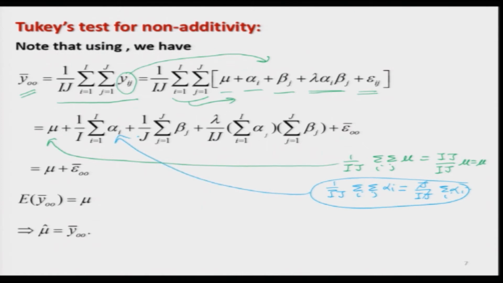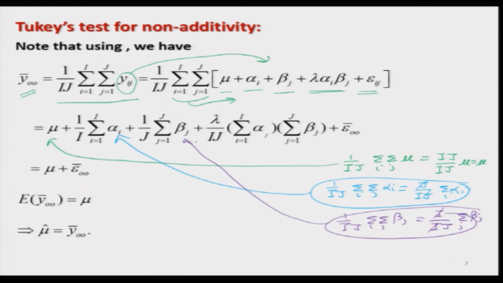And similarly, if you solve the second part, this is 1 over IJ double summation over i, j of beta_j. So, this will become I upon IJ into summation over j beta_j. So, this I will get cancelled out and you will get this term. Right.